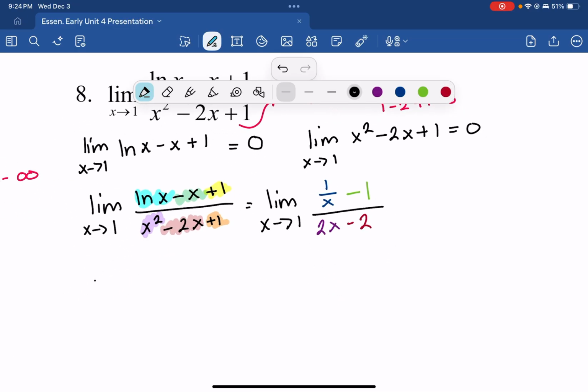So the limit as x approaches 1 of my numerator, that was 0, and the limit as x approaches 1 of my denominator is also 0.